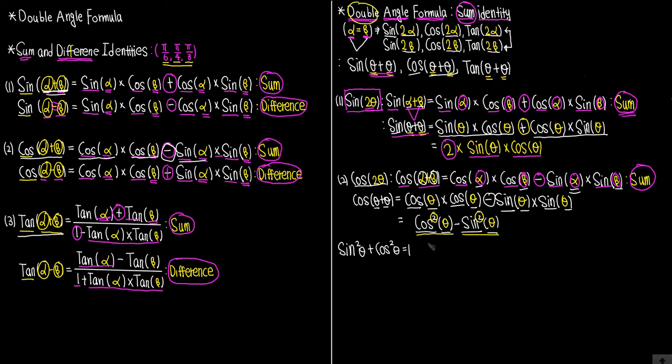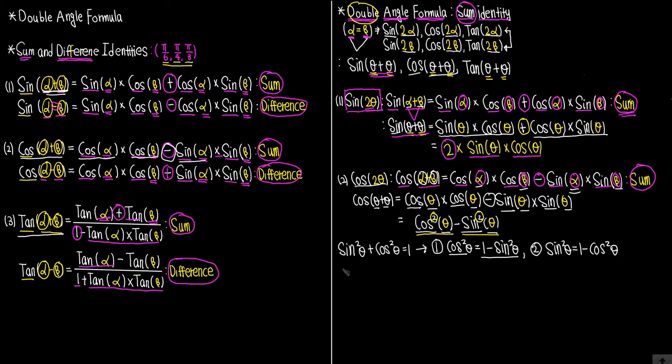So the first version we can make is that cosine squared theta is equal to 1 minus sine squared theta. So we can input the cosine squared theta as 1 minus sine squared theta and solve for one trig value, sine squared theta. Or secondly, we can apply that sine squared theta is equal to 1 minus cosine squared theta.